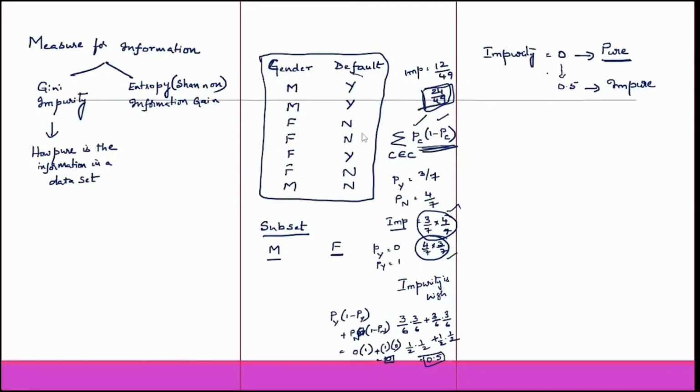But when I'm able to take that Gini score to 0, where right now the Gini score is 24 by 49, when I take the Gini score close to 0, that is when I say I was able to resolve or clean up this impurity. So the Gini impurity will actually help me to decide.